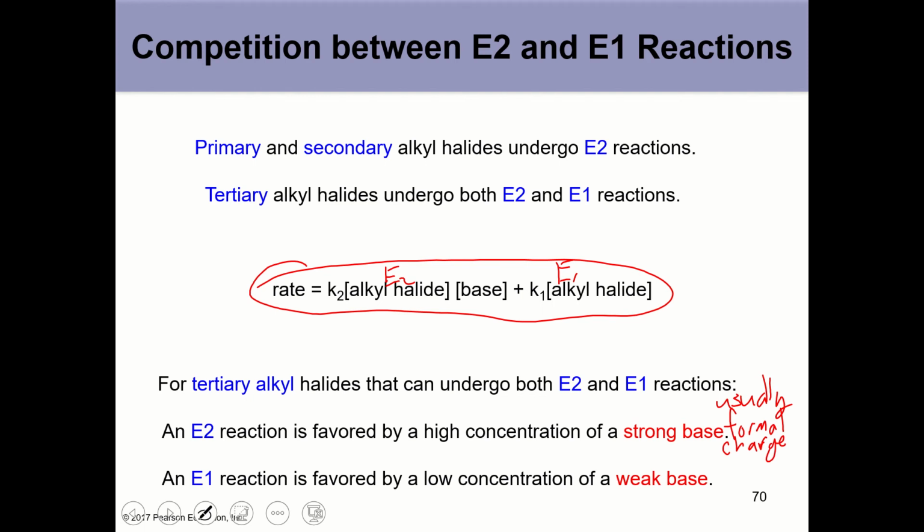Examples of strong bases in this case could be amide, hydroxide, alkoxide ions, basically an alkoxide is a deprotonated alcohol.